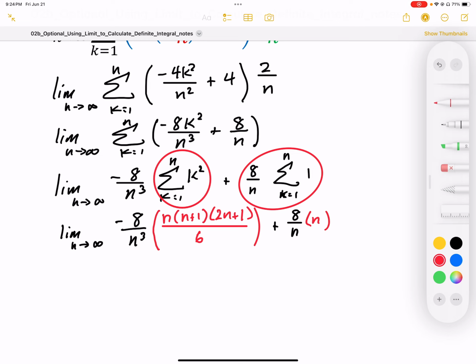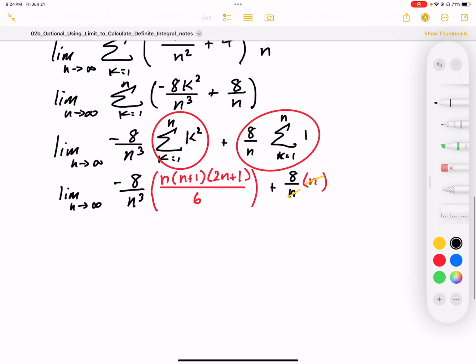n. Okay, so I'm going to expand this out, cancel out some terms. I can see that these n's are going to cancel out, so I'm just going to have 8. And then this expansion here is going to be a little bit messy, but the limit as n approaches infinity, negative 8 over n cubed. I'm just going to put the 6 over here like this.